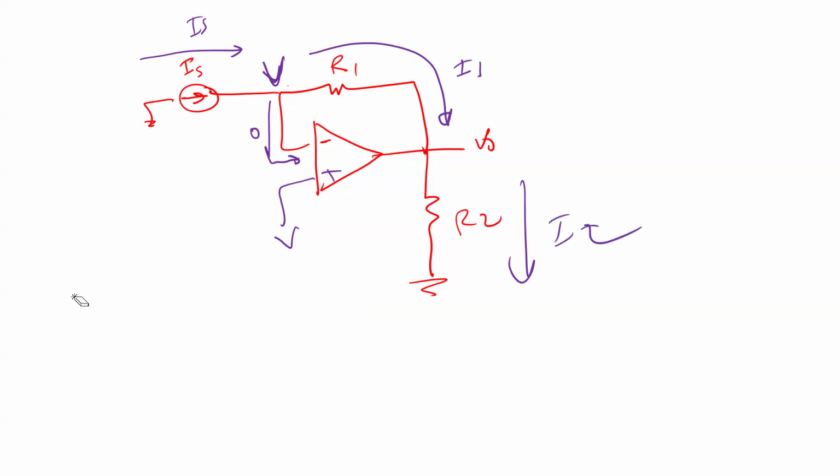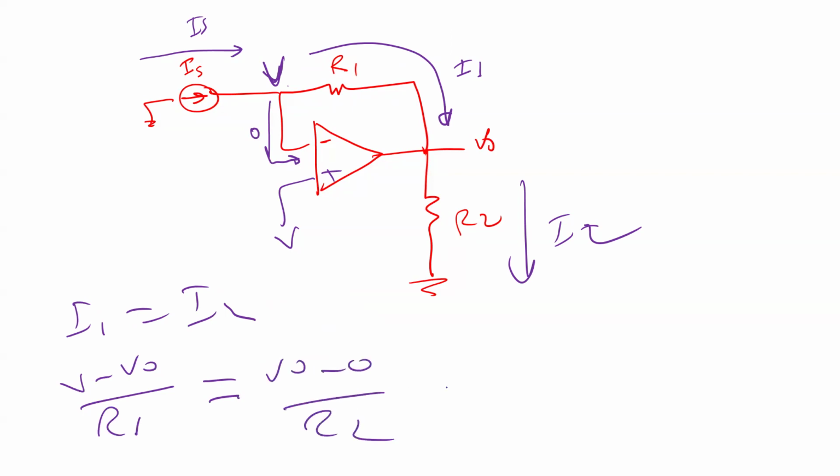So V minus V output divided by R1 should equal V output minus 0 divided by R2. What's wrong here? I didn't say this current is 0. You assumed that. I didn't say that.